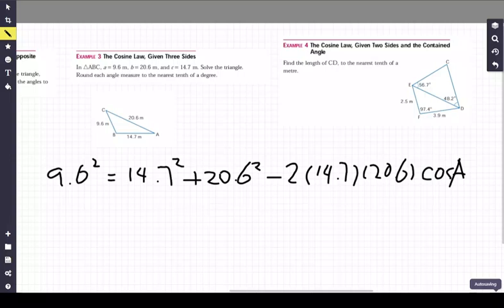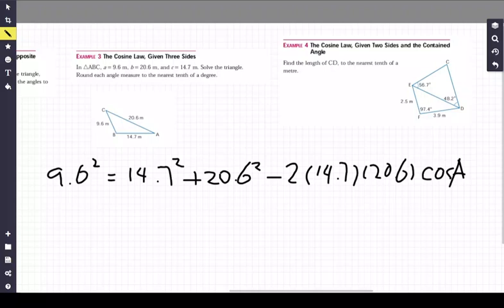First, let's simplify so we can move some numbers around. So 9.6 squared is going to give you 92.16. And we're going to minus 14.7 squared, and we're going to minus 20.6 squared.